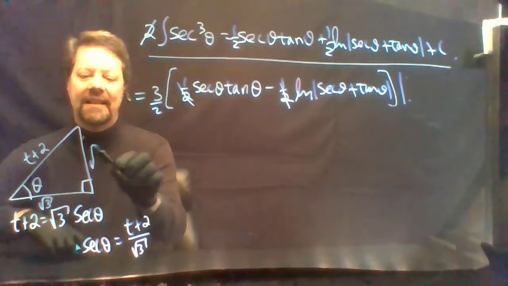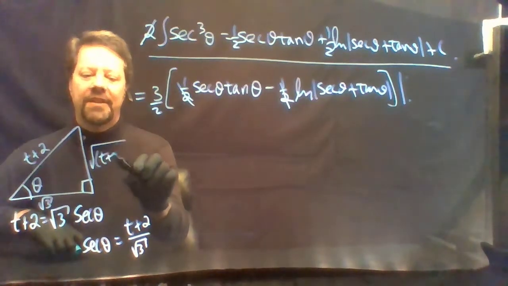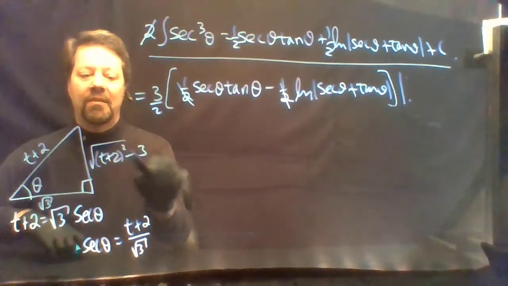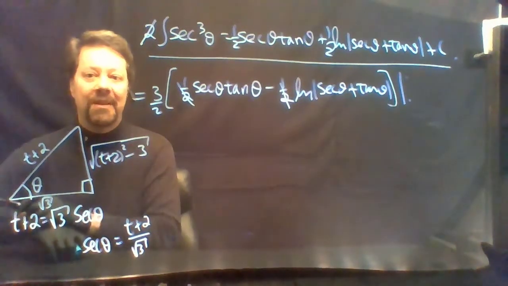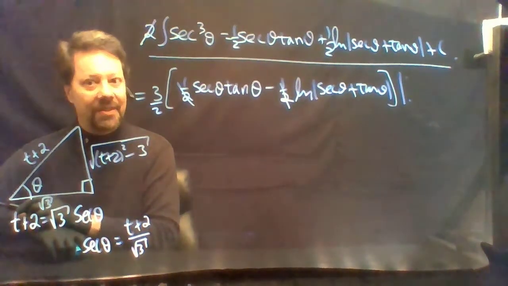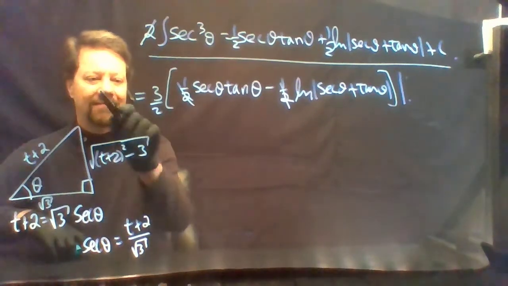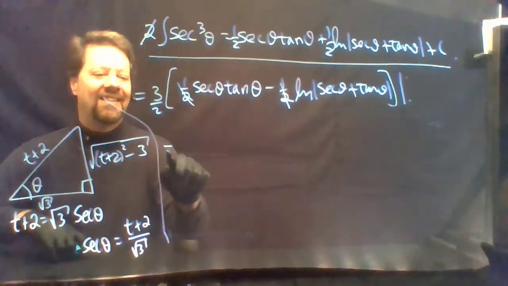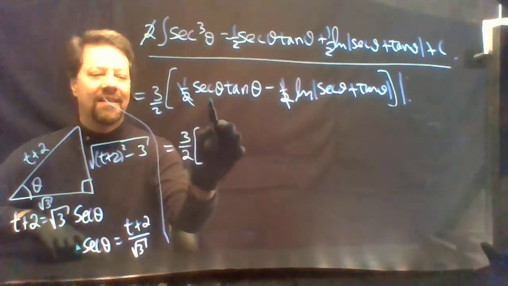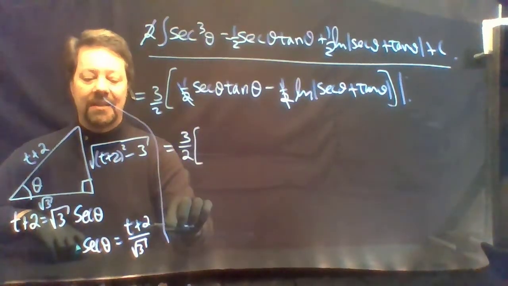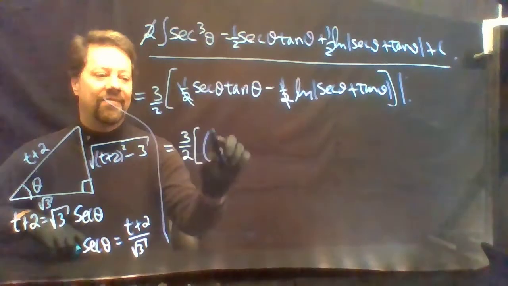That makes the remaining side the square root of t plus 2 squared minus 3. Yep, that had better rear its ugly head again, or else you screwed up. We have then 3/2. Secant theta is t plus 2 over root 3.